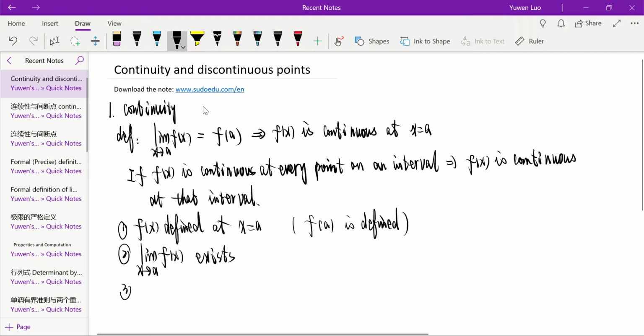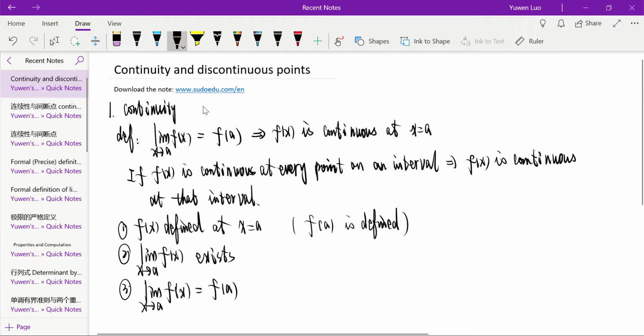And the third one is that the limit should equal the value at that point. The limit should equal f(a).